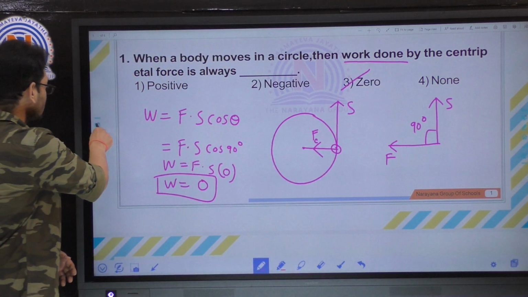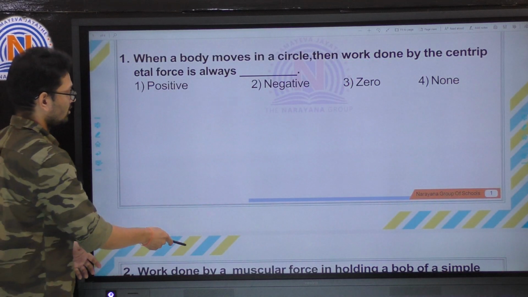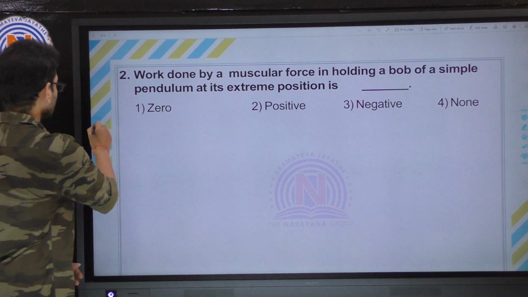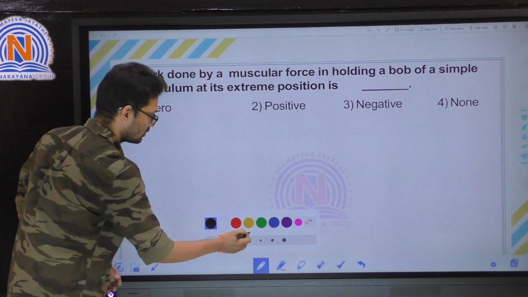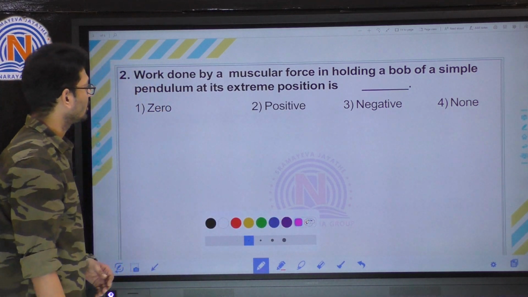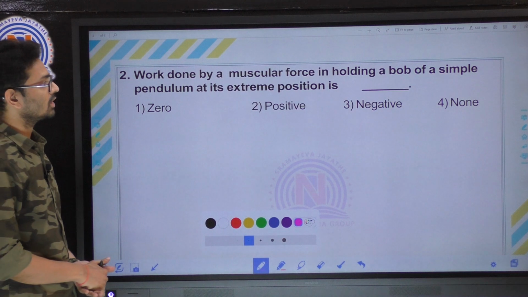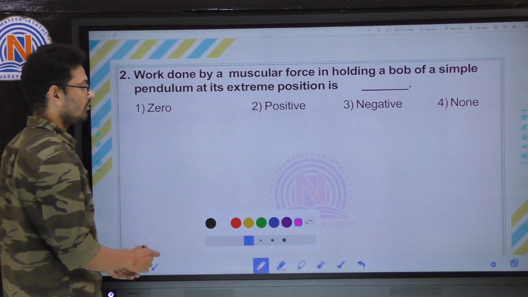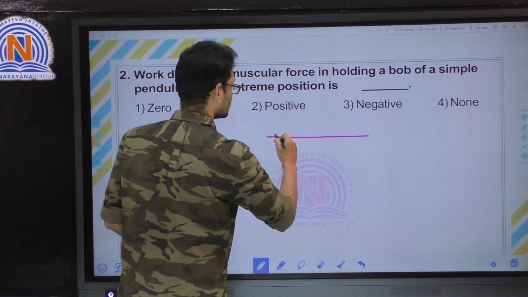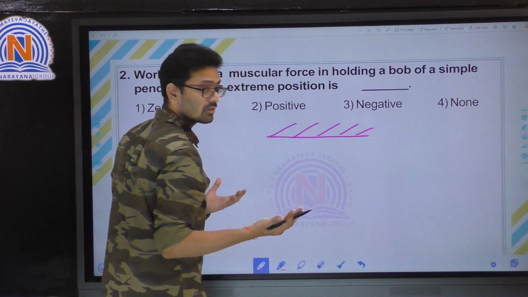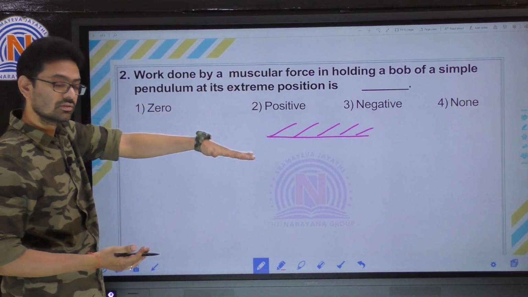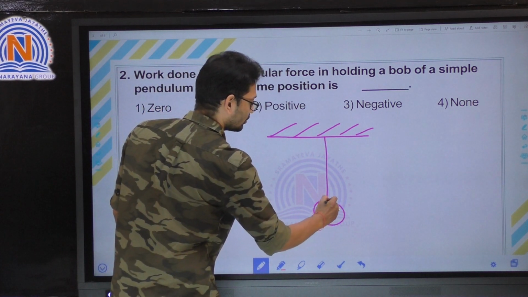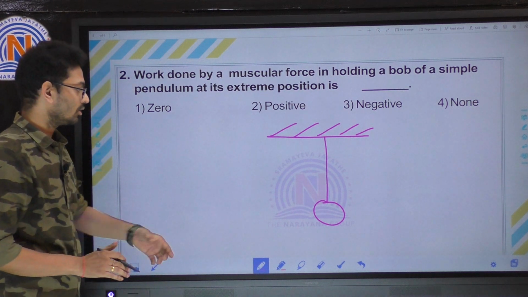Now, let us go to the next question. Next question is about the work done by a muscular force in holding a bob of a simple pendulum at its extreme position. We will take a simple pendulum. Let us take this as a fixed point, your ceiling or a fixed rod, and take a string of length L and connect it with a bob at the bottom.